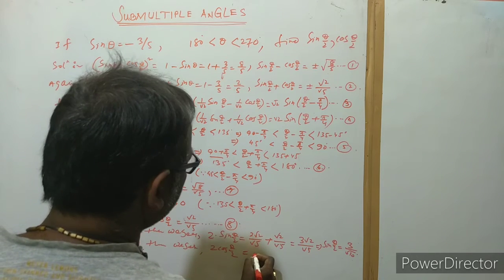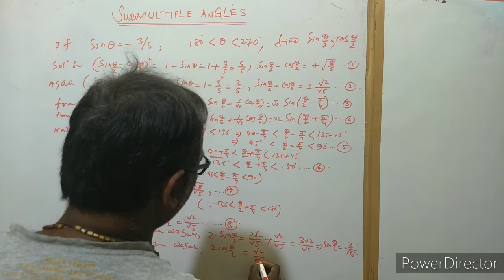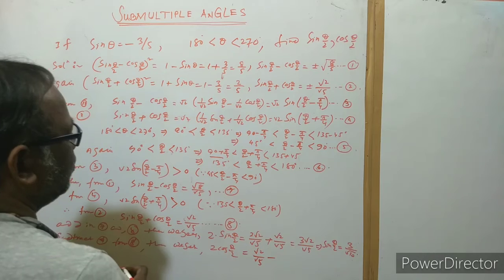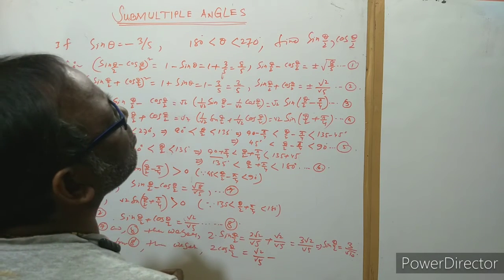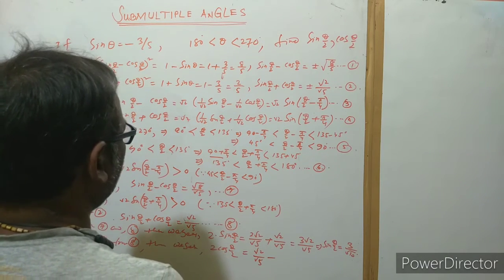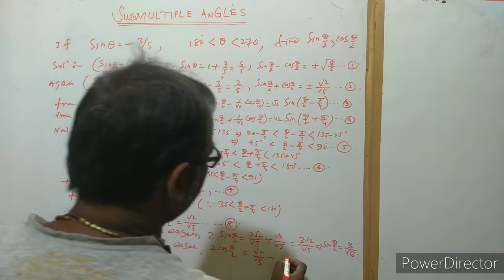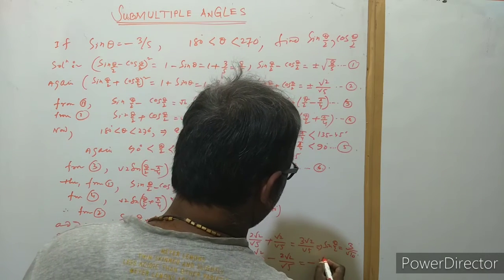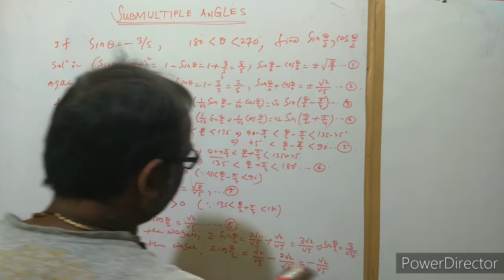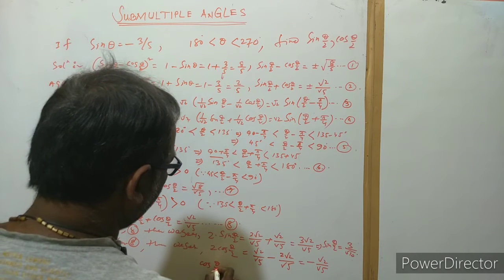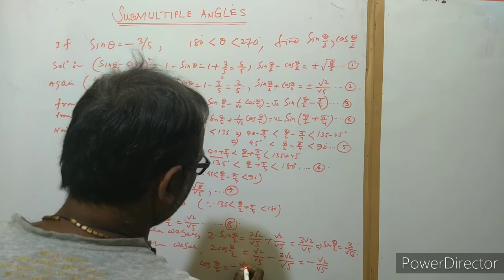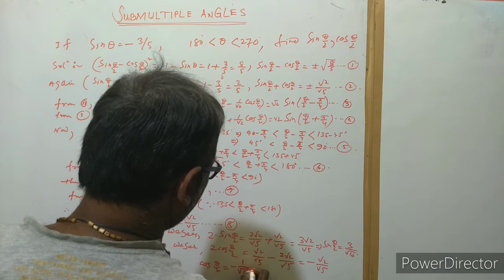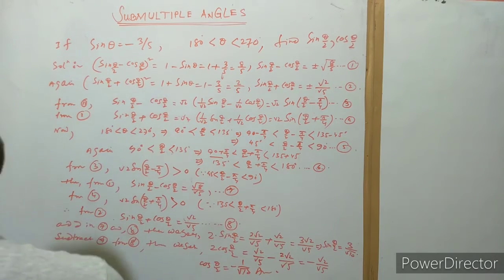So this is here root 2 by root 5, and this is minus of that. Okay, this is 2 root 2 by root 5. So this is here root 2 by root 5 and divided by 2, then we get here minus 1 by root 10.